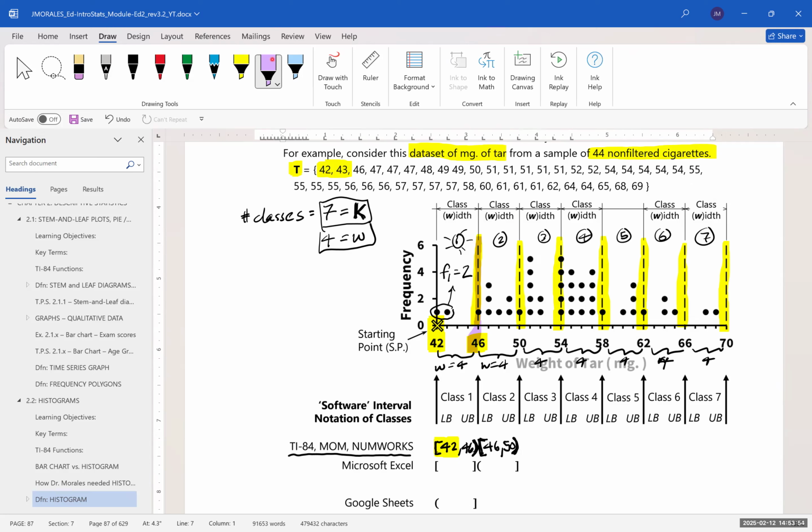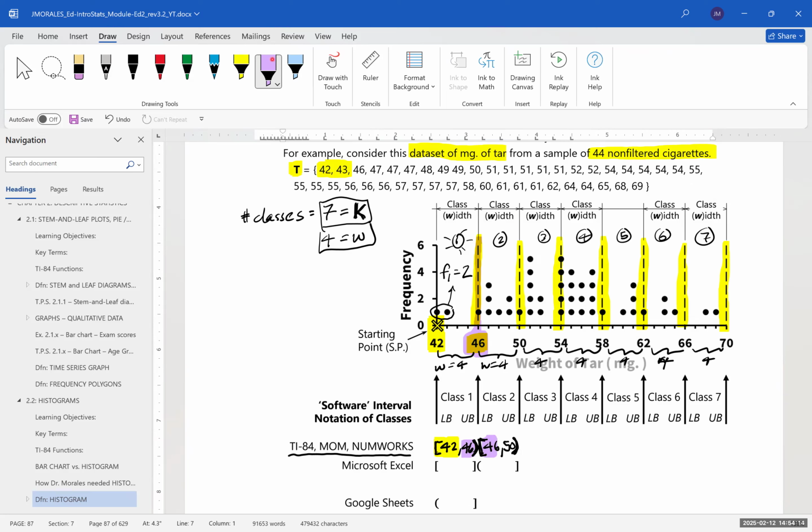The upper bound of class 1 is equal to the lower bound of class 2. So that's why 46 appears twice. 46 is the upper bound of class 1, and 46 is the lower bound of class 2.